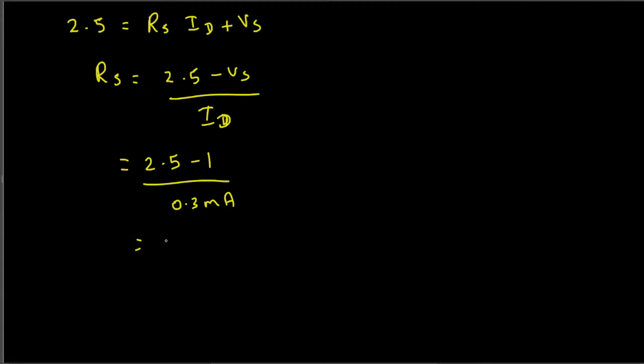So this is 1.5 divided by 0.3 milliampere. Milli becomes kilo when it goes to the top, and 1.5 is basically 5 times 0.3. So this is going to be 5 kilo ohm resistance. That is our Rs. That is the A part of the question.